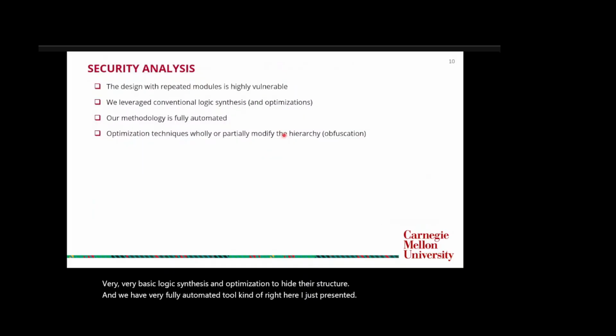And these optimization techniques, a mix of optimization techniques, these hybrid optimization techniques from Genus, they can really infer the structural part of the design, right? And this is what we call obfuscation. This is a kind of natural obfuscation that is happening. So that is the motivation that I would like to put here. I'm happy to take your questions.